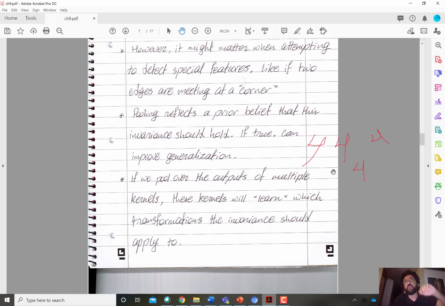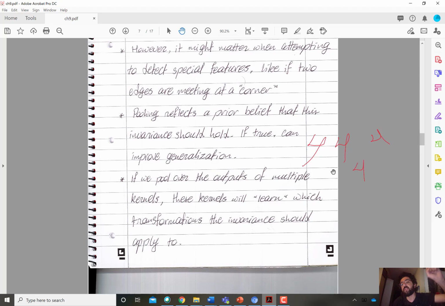So when you apply pooling, in that example max pooling over multiple kernels, these kernels learn what transformation by being diverse with respect to that transformation. Here, for rotation, diversity means that the kernels apply different degrees of rotation.